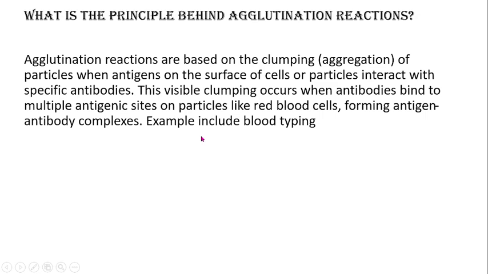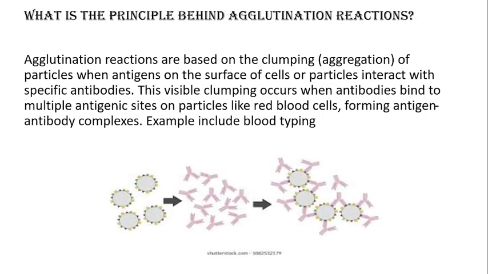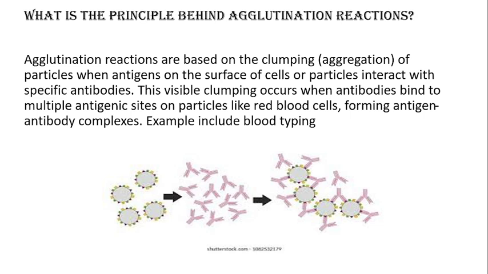Here we also have a figure which illustrates how agglutination takes place. We have latex which is coated with antigens. These antigens coated to the latex react with the antibodies, and the antibodies react with the antigens coated to the latex.